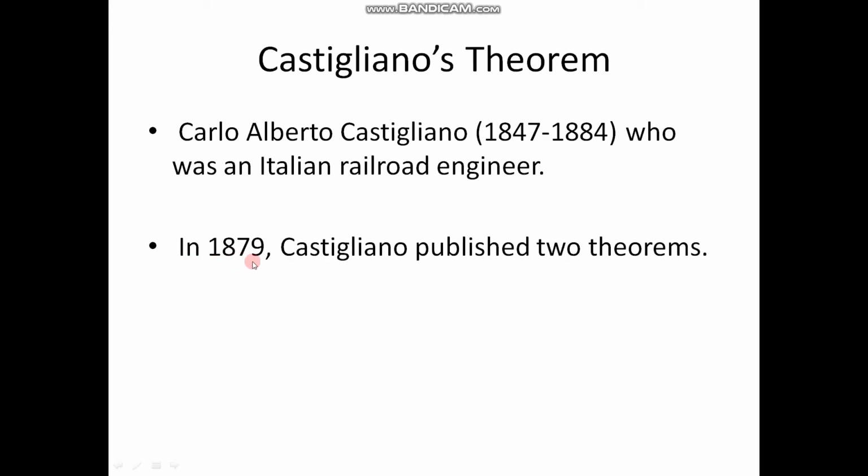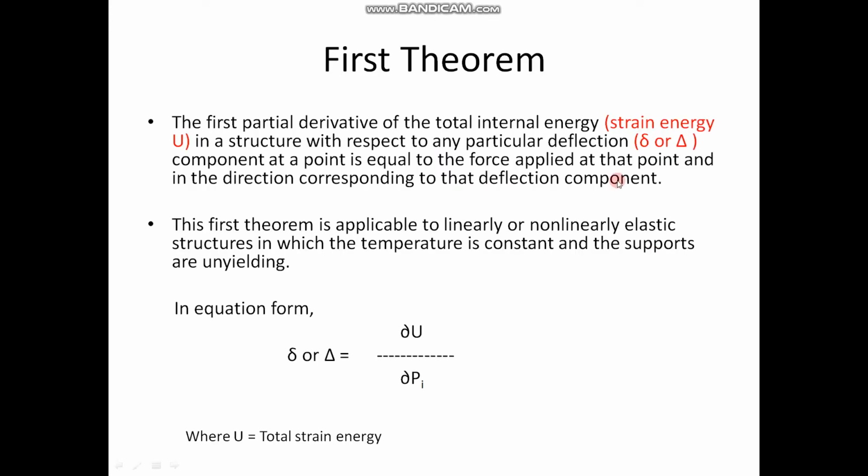In 1879, Carlo Alberto Castigliano published two theorems. The first theorem of Castigliano states that the first partial derivative of the total internal energy, that is the strain energy, in a structure with respect to any particular deflection component at a point is equal to the force applied at that point and in the direction corresponding to that deflection component.